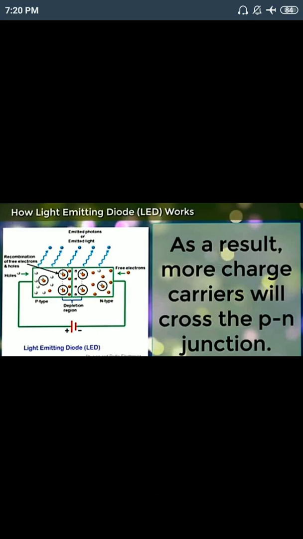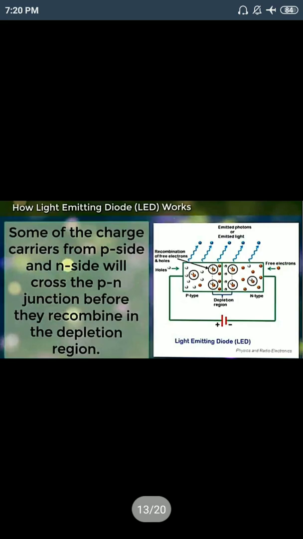That means holes from the P side to the N side, and electrons from the N side to the P side. Now, some of the charge carriers from the P side and the N side will cross the p-n junction before they recombine in the depletion region.